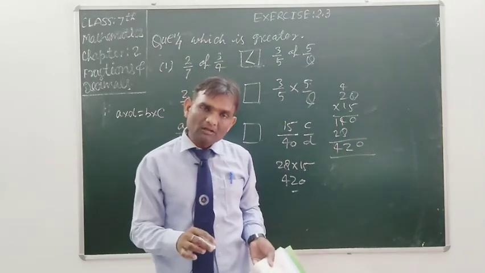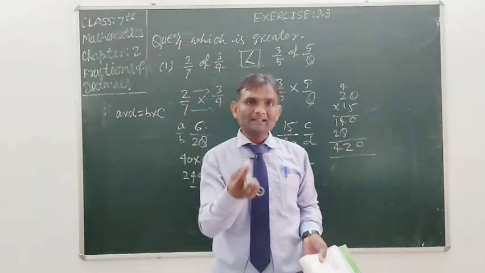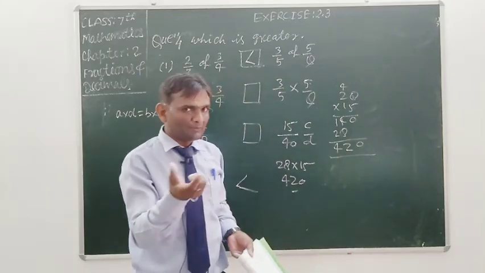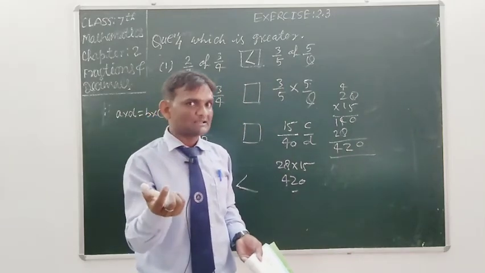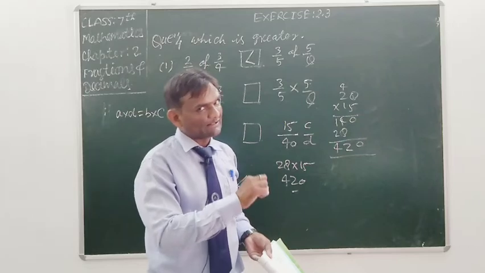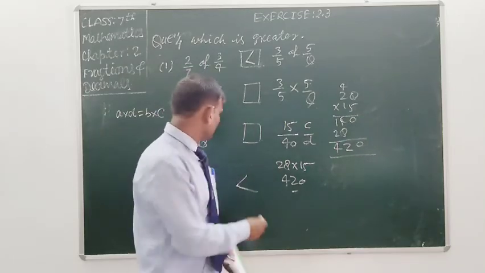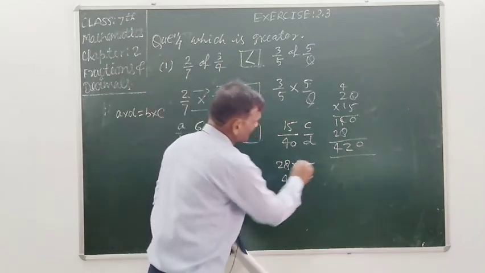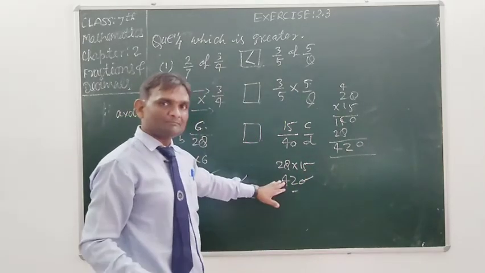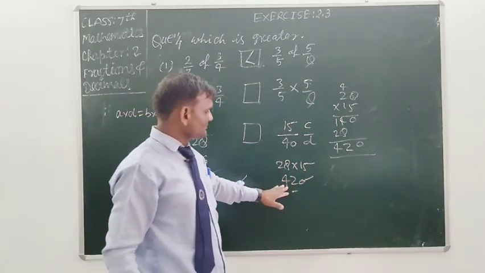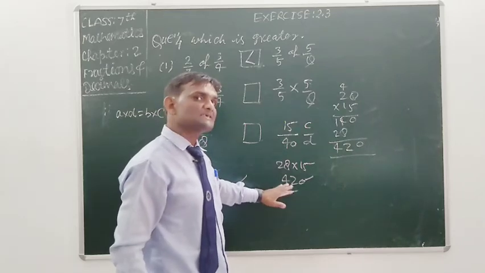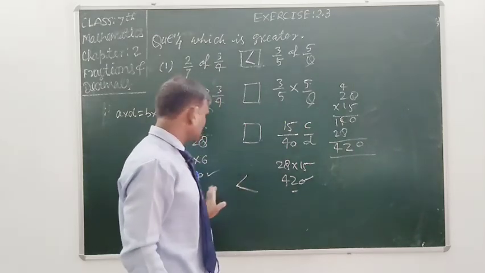Firstly we solve and we get one fraction, and after this we multiply the denominator of the second fraction in the numerator of the first fraction and the denominator of the first fraction in the numerator of the second fraction, and we get one whole number, and we compare this number, and which number is greater that will be greater and which is smaller that will be smaller.